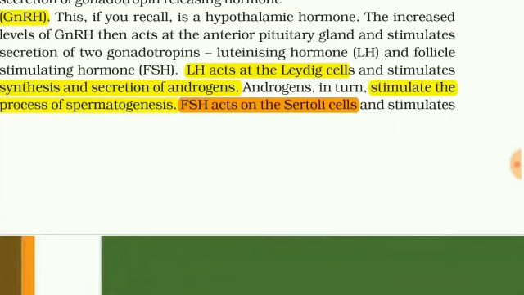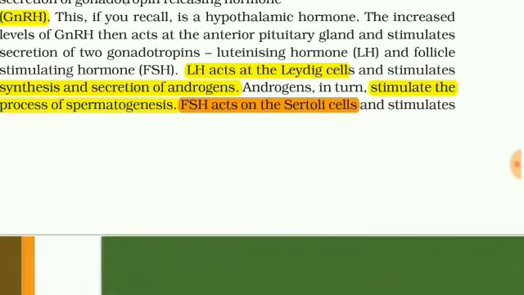It acts on the anterior pituitary gland, which stimulates two gonadotrophin hormones, that is LH and FSH, luteinizing hormone and follicle stimulating hormone. LH and FSH are produced in the pituitary in both male as well as female.